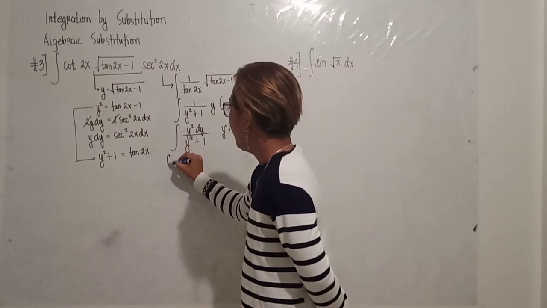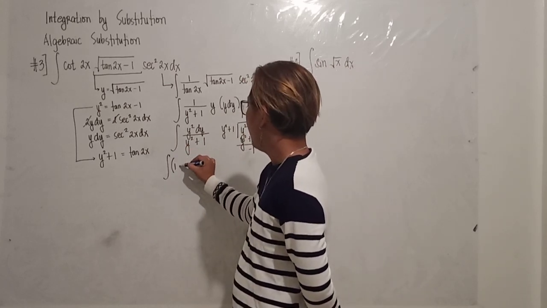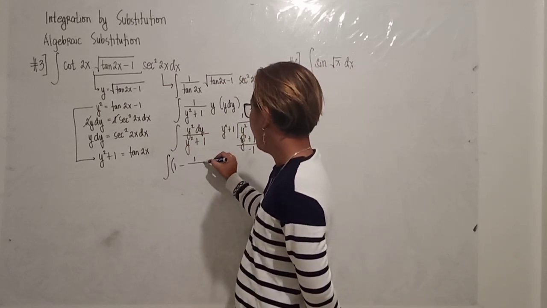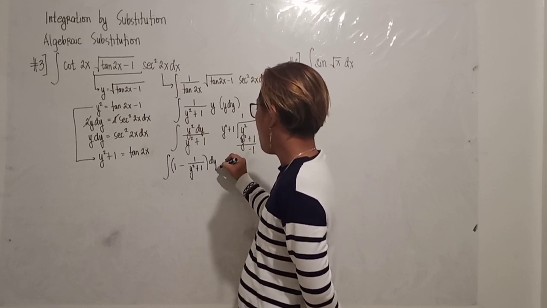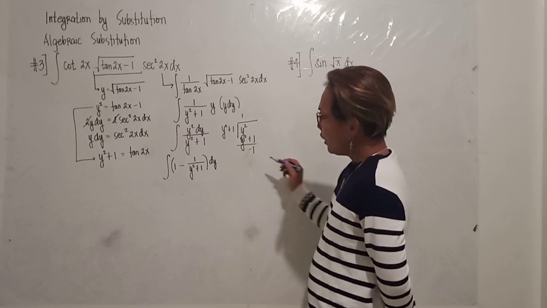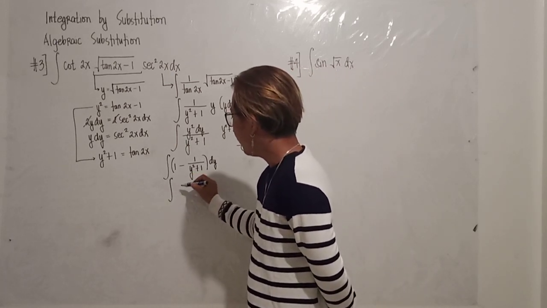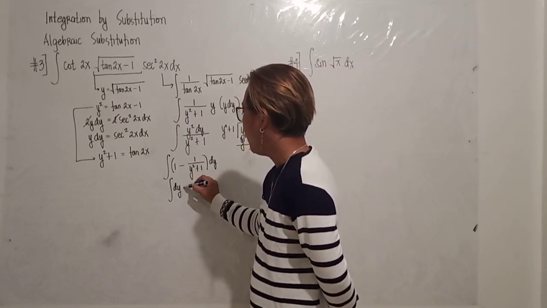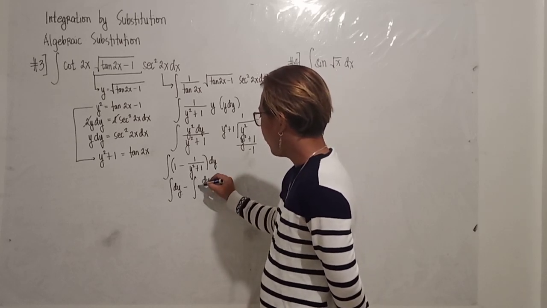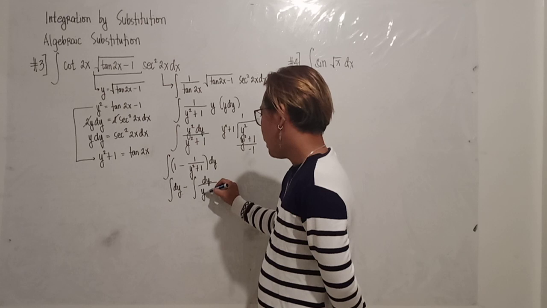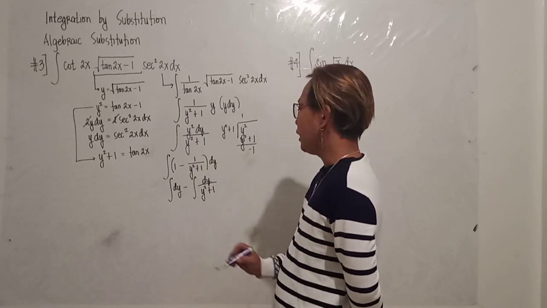So the equation is now 1 minus 1 over y squared plus 1 dy. So when you integrate, simplify first, you will have dy minus the integral of dy over y squared plus 1.